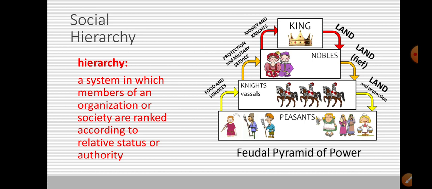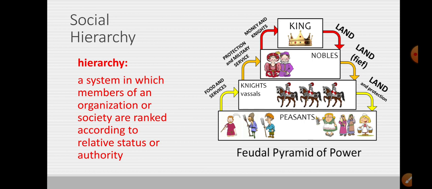Fief means land that is given to somebody in return for something else. The nobles give land to the knights, and the knights give land and protection to the peasants, right?